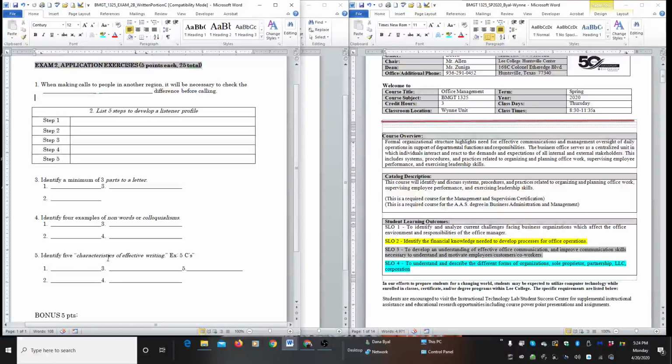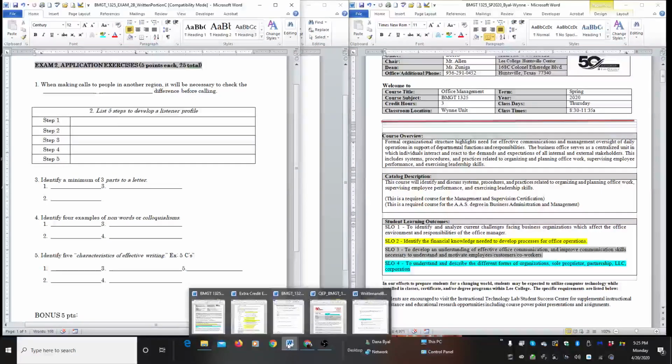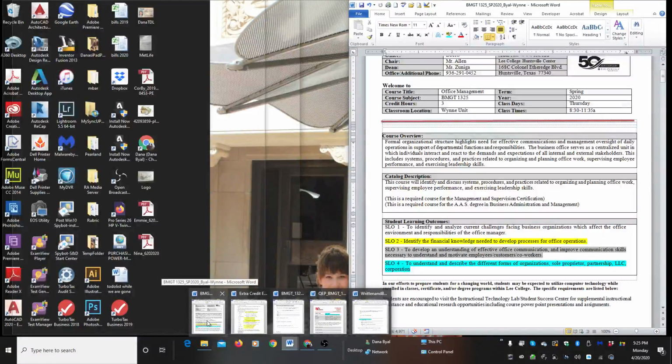This is, I want to know what you know. So I can use this if I choose to use SLO number 3. There's 5 questions here, so on my assessment I would create 5 columns, and we'll look at the assessment for this particular quiz. Lastly is SLO number 4, and let me pull that one up.